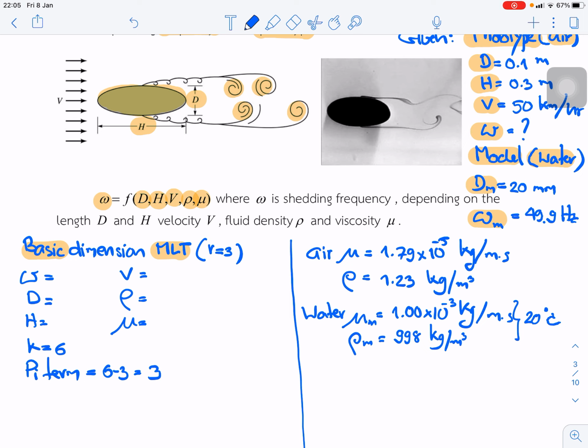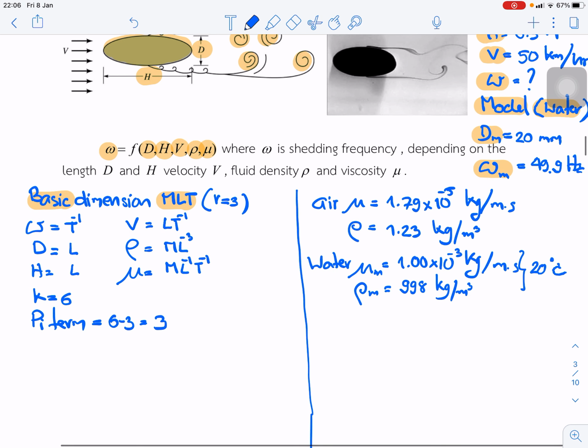For the shedding frequency, the basic unit is 1 over T. The diameter is length, H is length, V is L T to the minus 1, density is M L to the minus 3, and viscosity is M L to the minus 1 T to the minus 1. So we have k equal to 6, so the number of pi terms is 3.